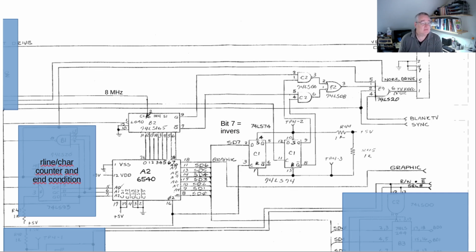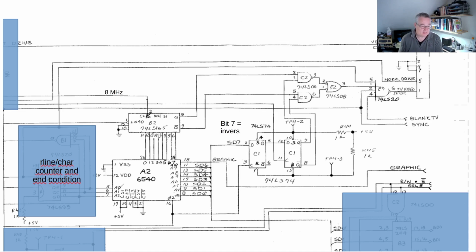They are address bits 3 to 9, and then we have the graphic line, which is coming from an I/O chip, where you can actually switch between the uppercase, lowercase, and the uppercase graphics mode.